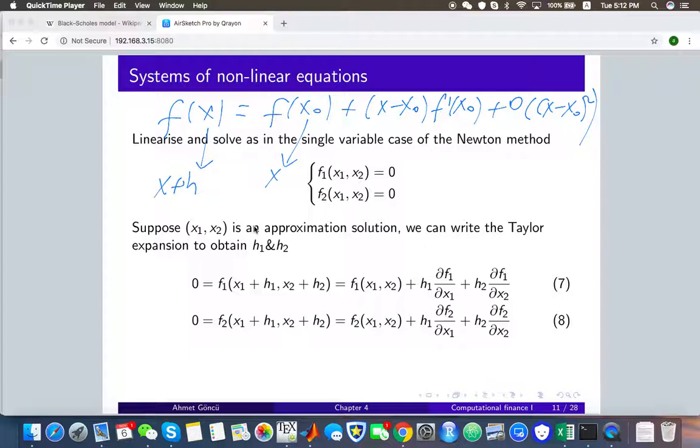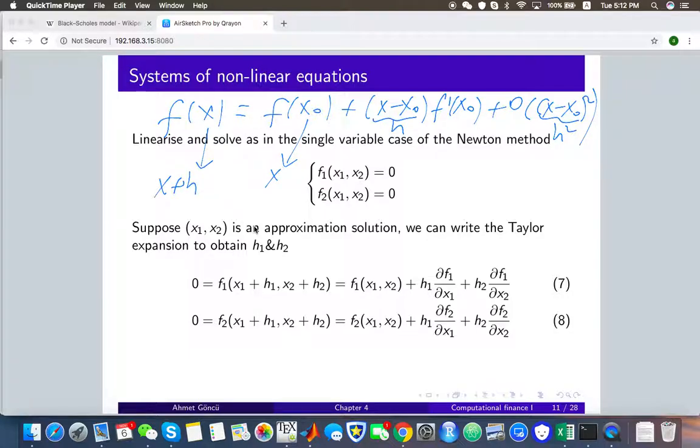So when we take the difference x minus x0, we have h, and this is h squared. By writing x plus h, our purpose was to get closer to the root of this problem, r.